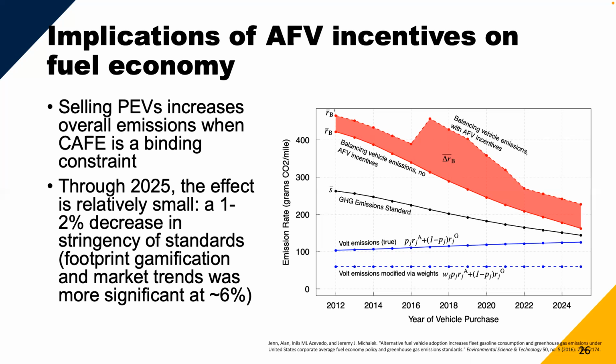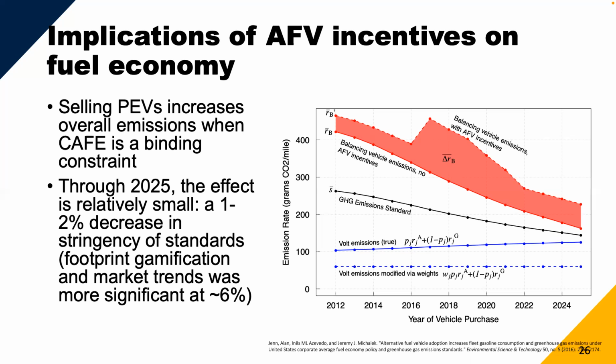But because we have these alternative fuel vehicle incentives, these weights and multipliers, it's actually worse. If this is the emissions associated with selling the Chevy Volt, it actually counts lower because of the weights, right? It's not that emissions rate. Some part of it will be multiplied by 0, and there's this whole multiplier thing. So the balancing vehicle actually looks like this.